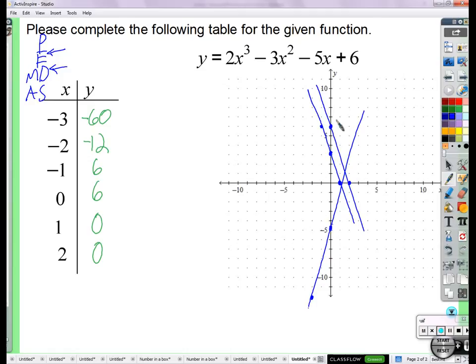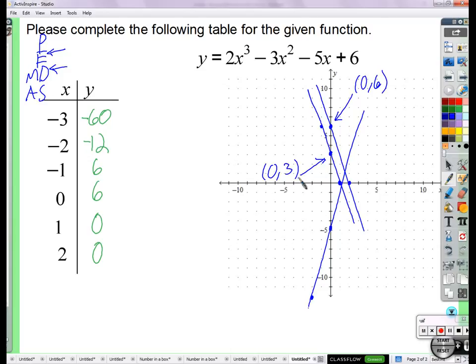Okay, so this point is at 0, 6, which we've already discussed means it's saying about this function, if you plug in 0, you get out 6. What's this point saying? First of all, where is it? Give me the full coordinates. 0, 3. So what's that saying about the function?